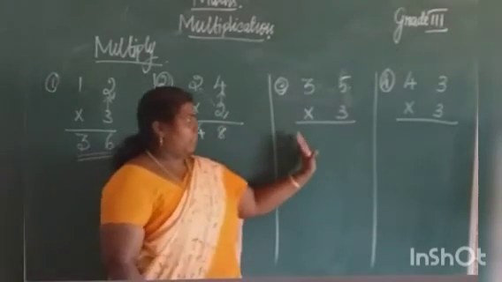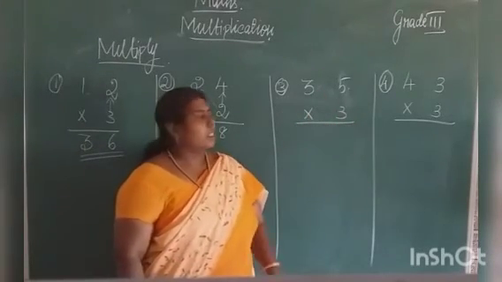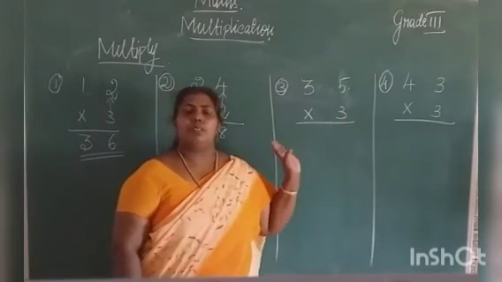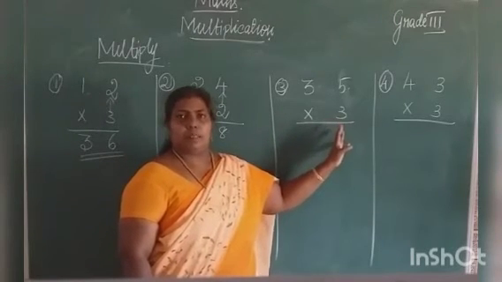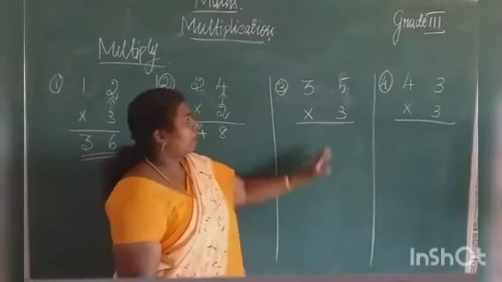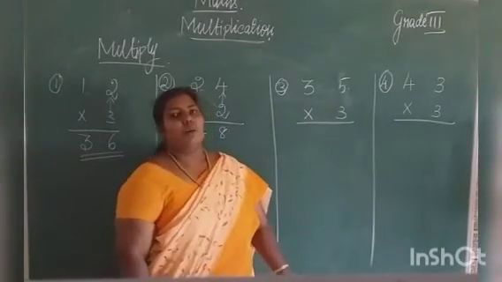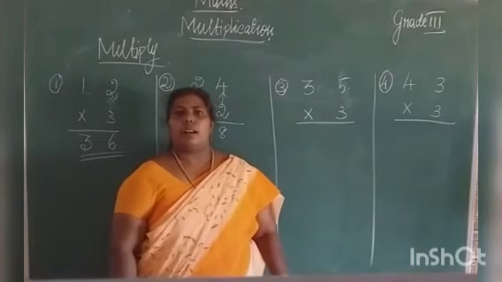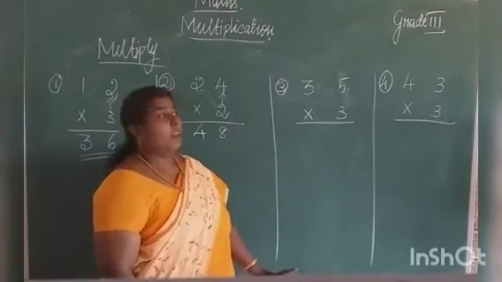Now, next example. 35 into 3. Yes. Now here, which number are we going to use? We are going to multiply which number? Third table, right? 3, how many times do we have to multiply? 5 times, isn't it? 1 3 is 3, 2 3s are 6, 3 3s are 9, 4 3s are 12, 5 3s are how much? 15.